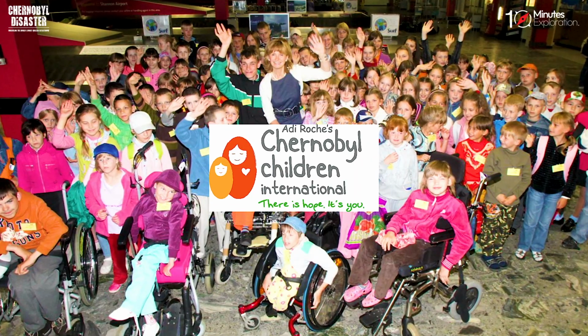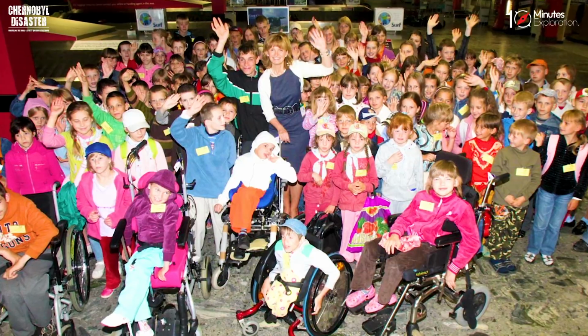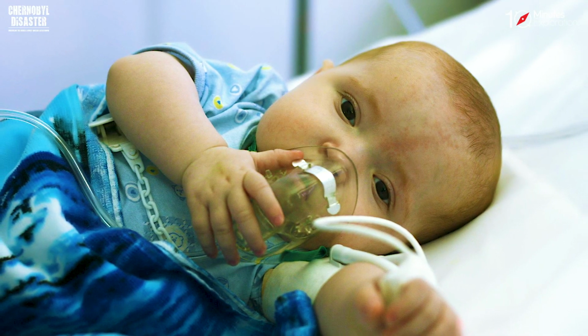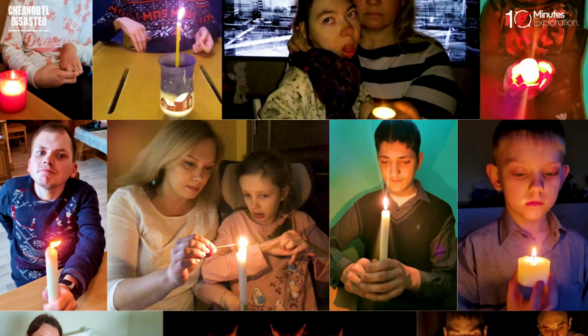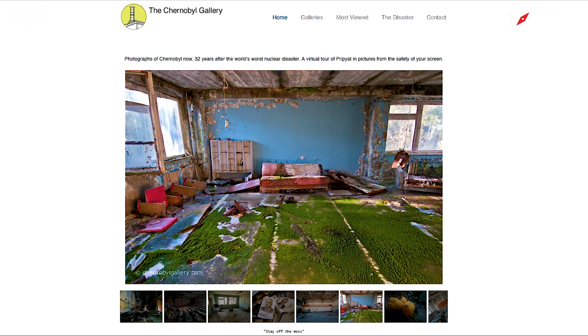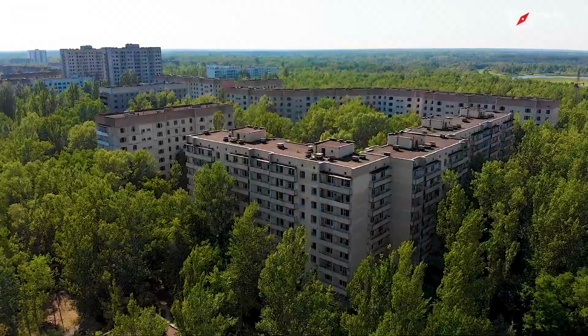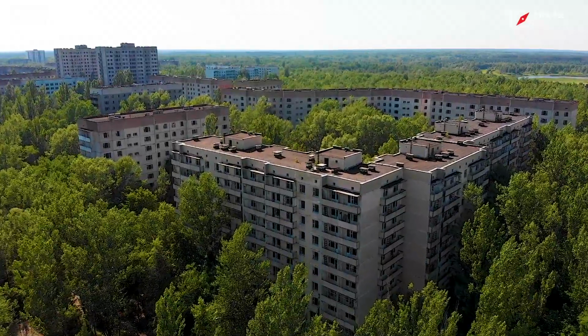Chernobyl Children International is a charity that supports children and families affected by Chernobyl through medical care, education, and community development. The Chernobyl Gallery is a project that documents and preserves the history and culture of Chernobyl through photography, art, and storytelling.